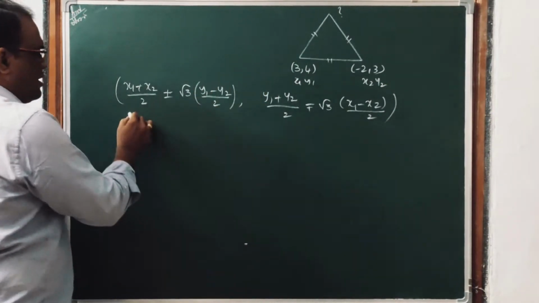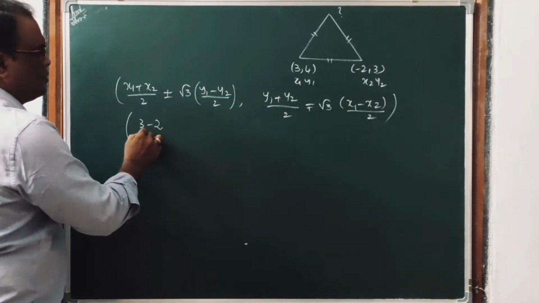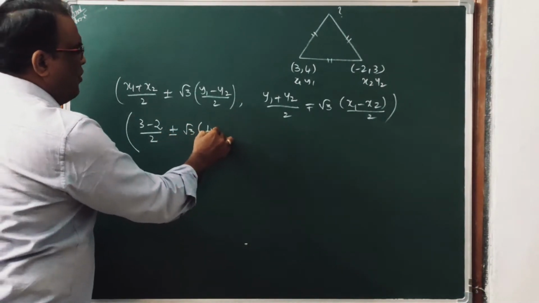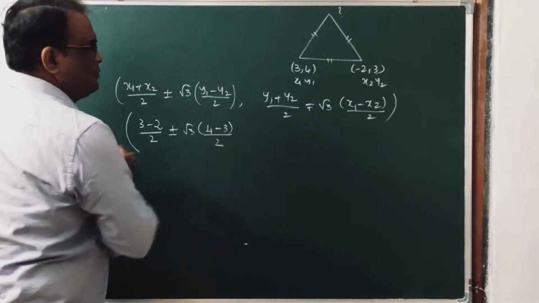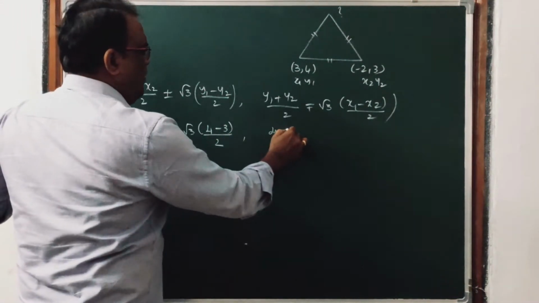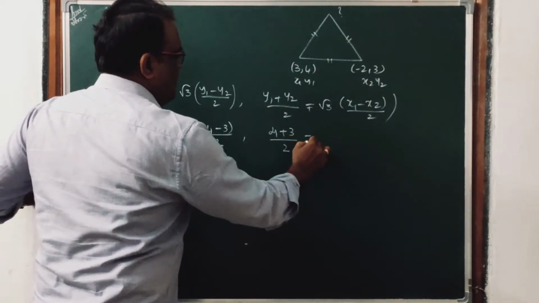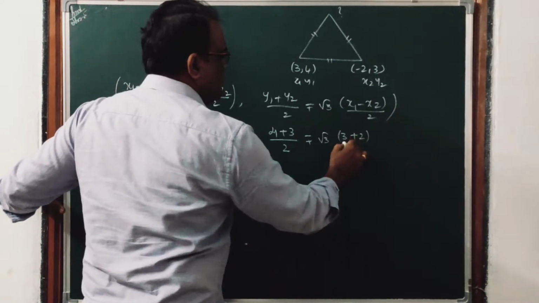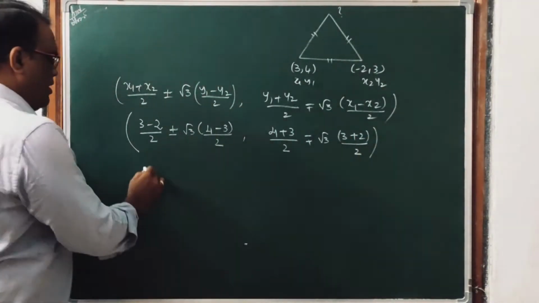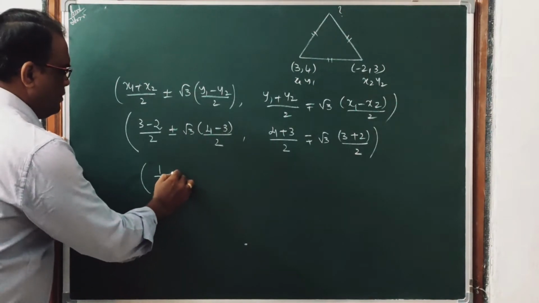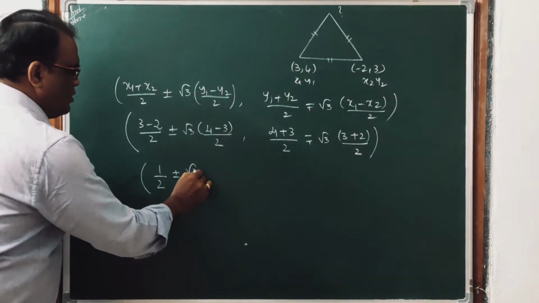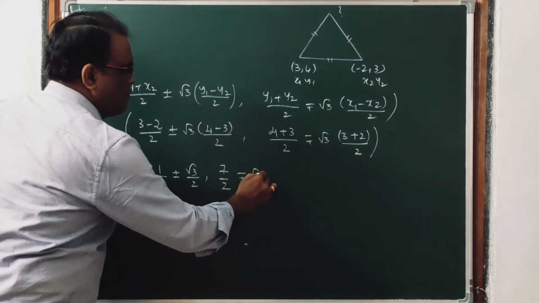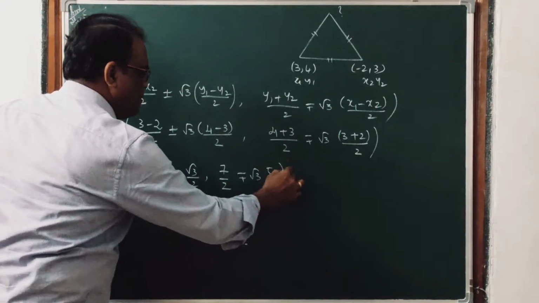This is the formula. Now substitute: (3 - 2)/2 ± √3 (4 - 3)/2, comma, (4 + 3)/2 ∓ √3 (x1 - x2)/2. Now 3 - 2 is 1, so 1/2 ± √3/2, comma, 7/2 ∓ √3 times 5/2.